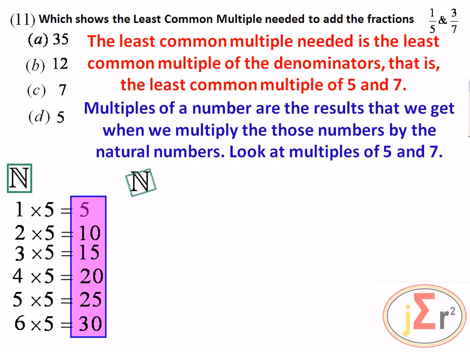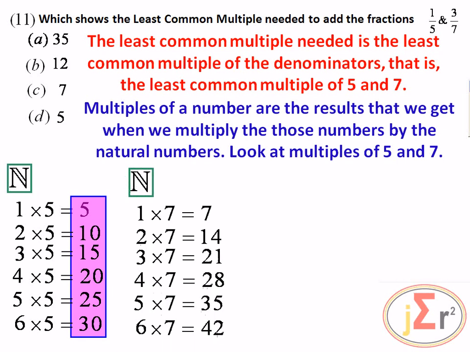What are multiples of 7? The result of multiplying 7 by natural numbers. When we multiply 7 by those natural numbers, the results that we get will be multiples of 7. So here we have multiples of 5, and here we have multiples of 7.